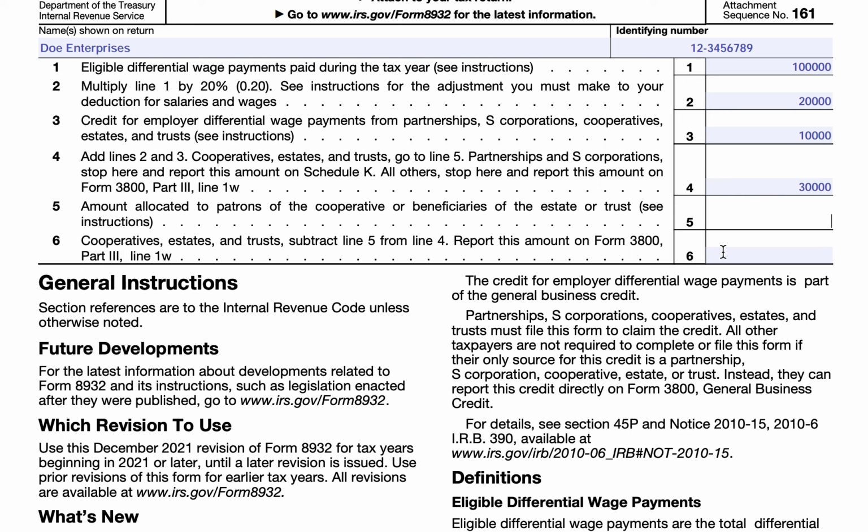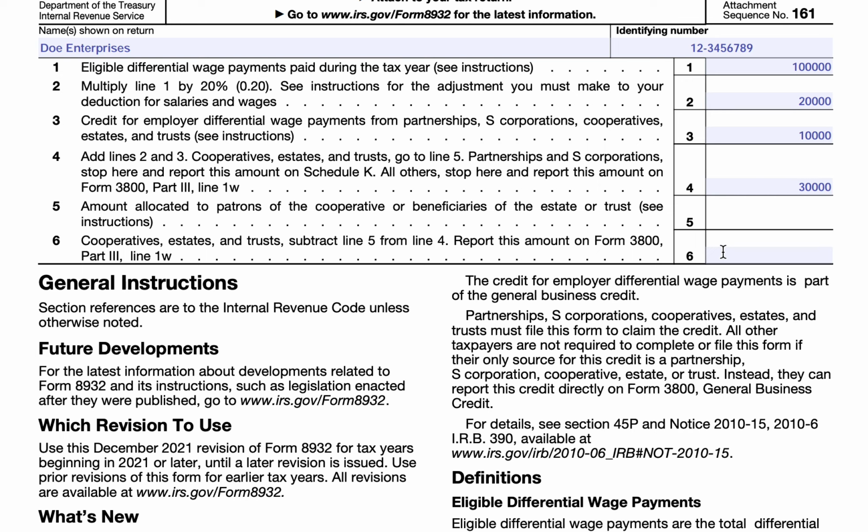For other taxpayers who are not a partnership or an S corporation, for example, if you were an individual taxpayer that happened to file Schedule C, then you would report this directly on IRS Form 3800, Part 3, Line 1W.